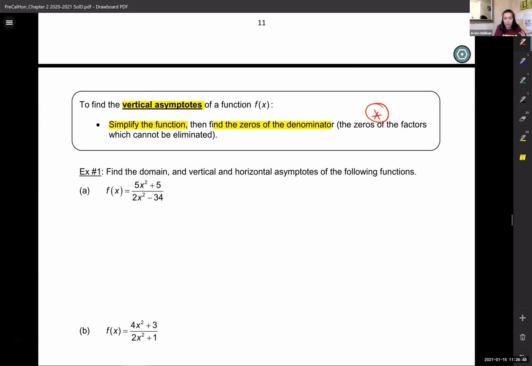It has to be the zeros of the factors which cannot be eliminated from the denominator. Okay, so that's how you find them. All right, so these are infinite discontinuities only.